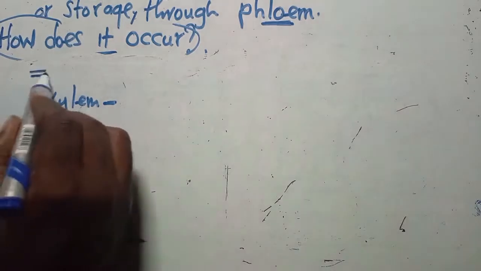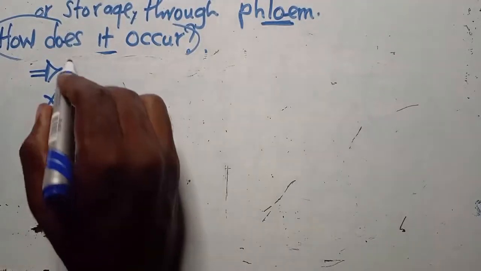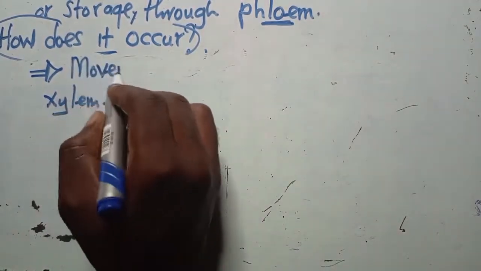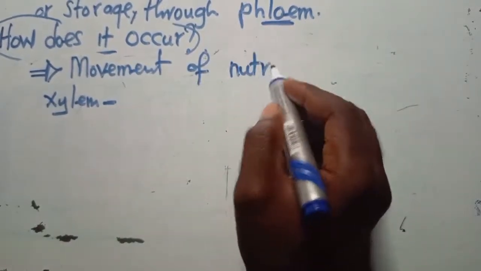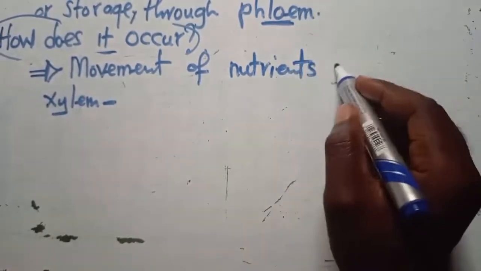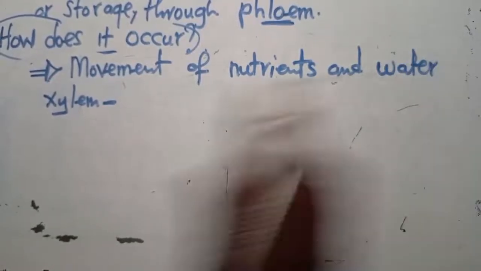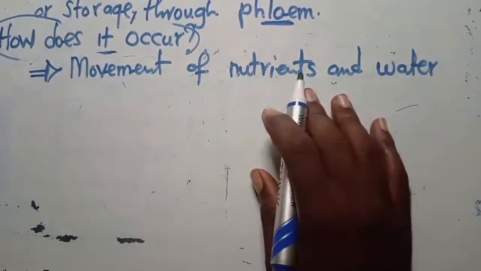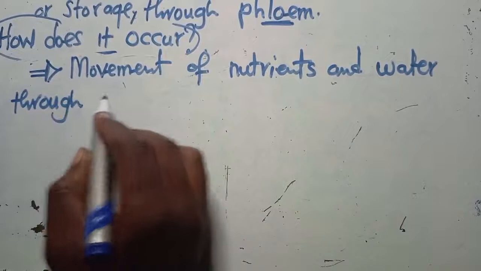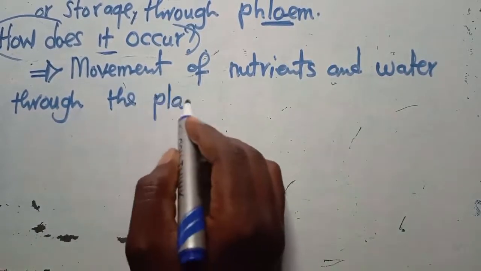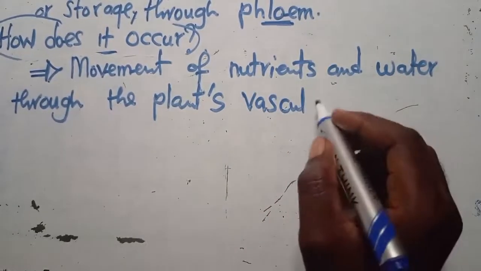Another definition that you need for translocation in plants: this is the movement of nutrients and water through the plant's vascular system.